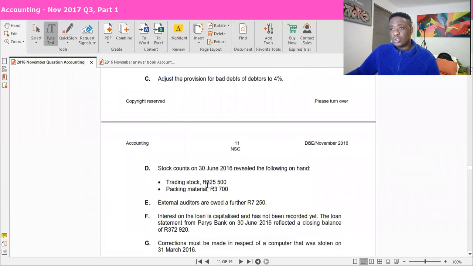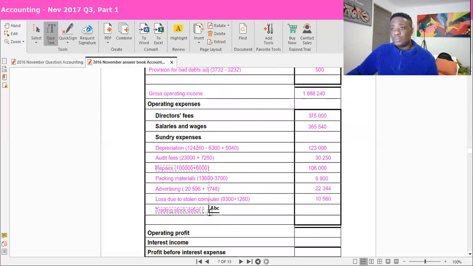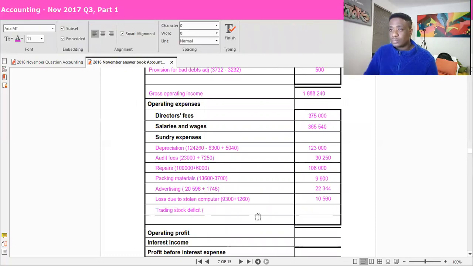And then you'd go to your stock count. The stock count reveals 225,500. We are currently sitting with a number of 235,500. So in that case, we can see that there's a deficit here. So this is how it would go: you had the 209,500, and then we needed to add back the 21,000 worth of inventory.